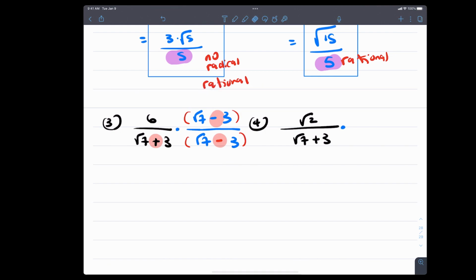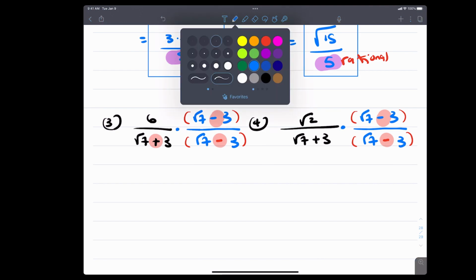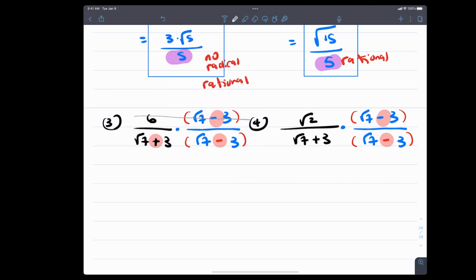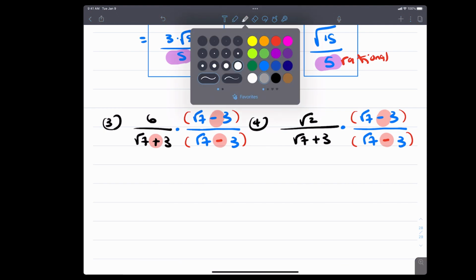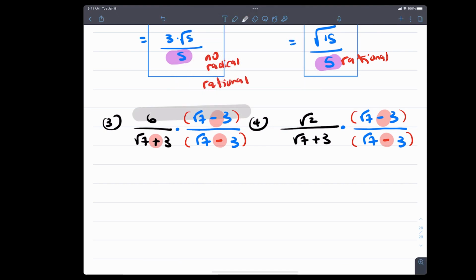Okay, so I want to point out to you, to compare and contrast here. It just so happens in the first one, now you're going to do this multiplication of your numerators and denominator.